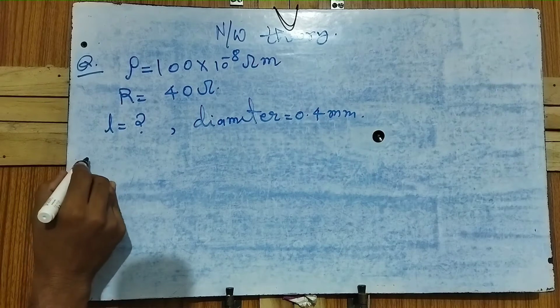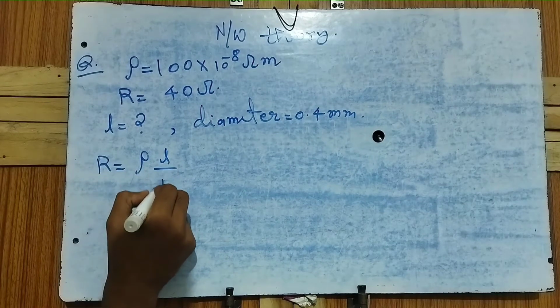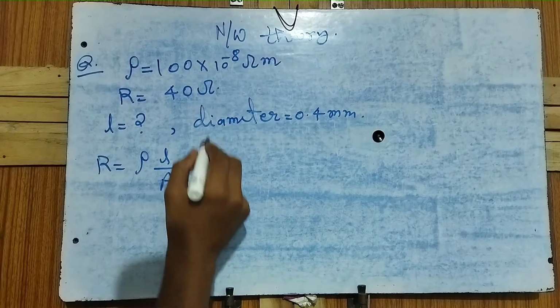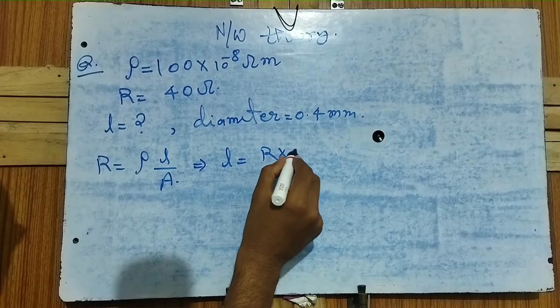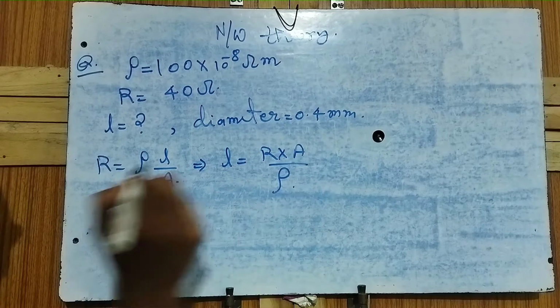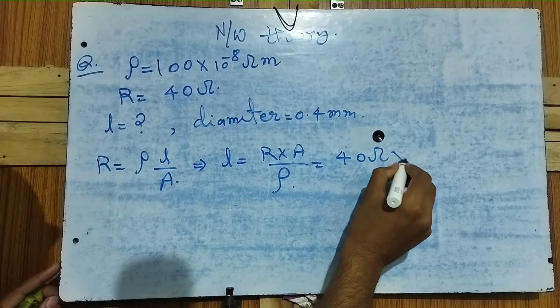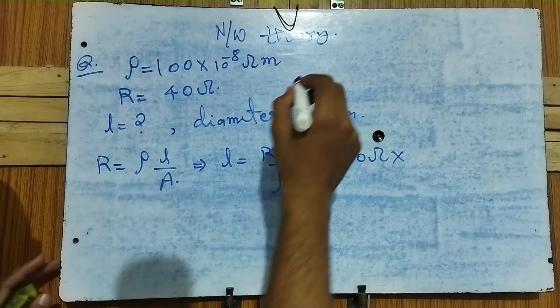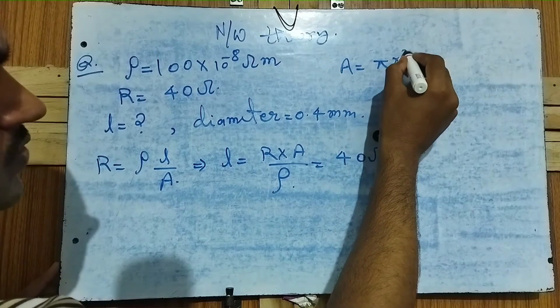So what is our formula to calculate R? R is equal to rho L by A. Here we need to calculate L. So L is equal to R into A divided by rho. So what is R? 40 ohm into area. To get the area, A is equal to pi r square.